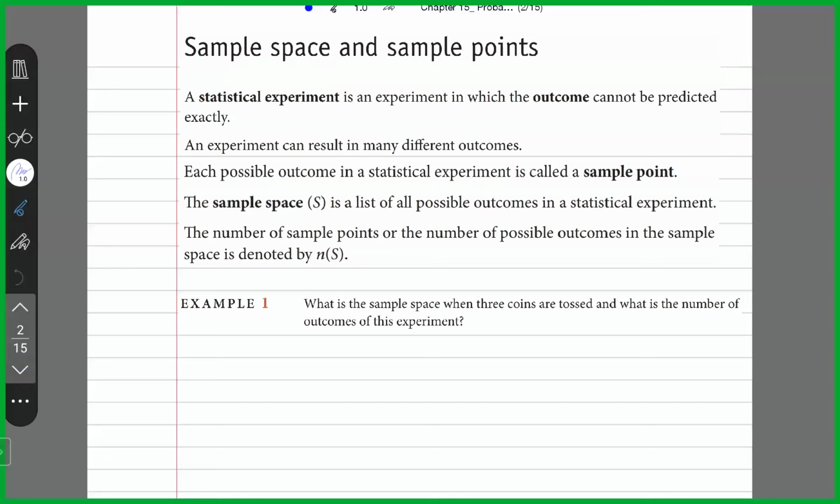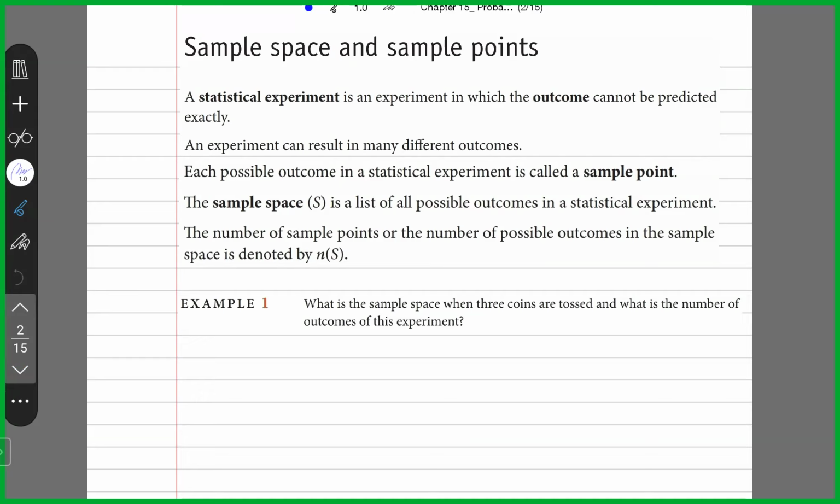So here's how we start. We start by talking about the sample space and sample point. A statistical experiment is an experiment in which the outcome cannot be predicted exactly. Now, an experiment can result in many different outcomes.